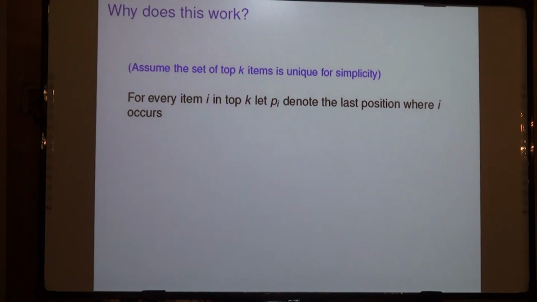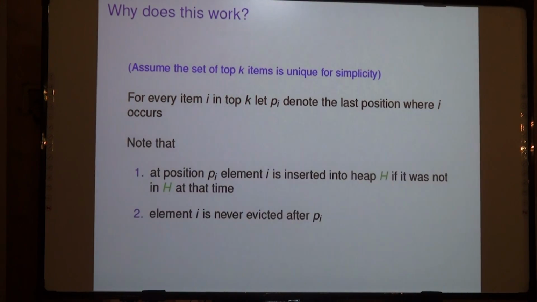All right. Well, why does this work? Well, let's look at our top k, the most frequent items, and let's just look at the last occurrence of each such item. So when each such top k item occurs for the last time, what are the possibilities? Well, it will definitely be inserted into the heap H if it was not there in the first place.